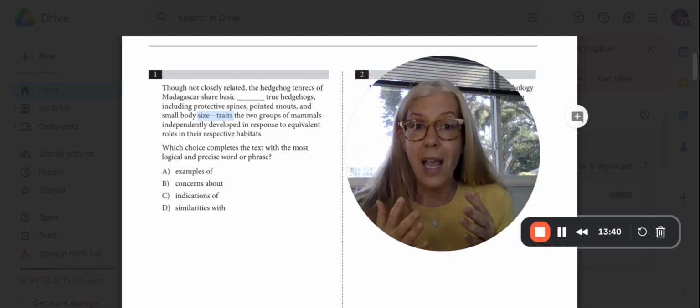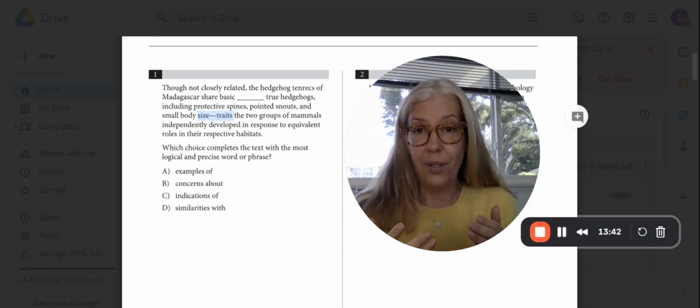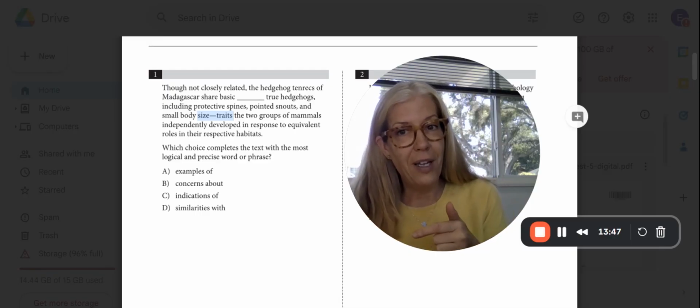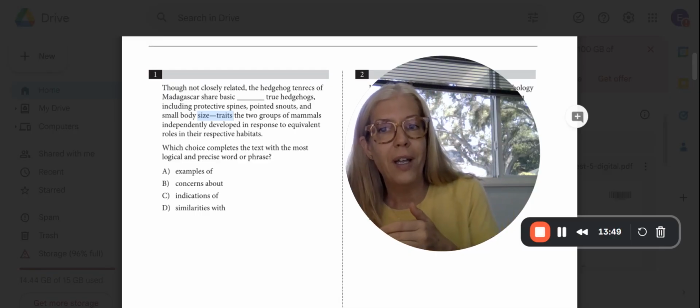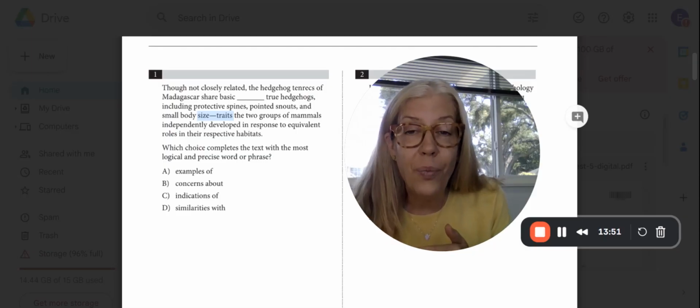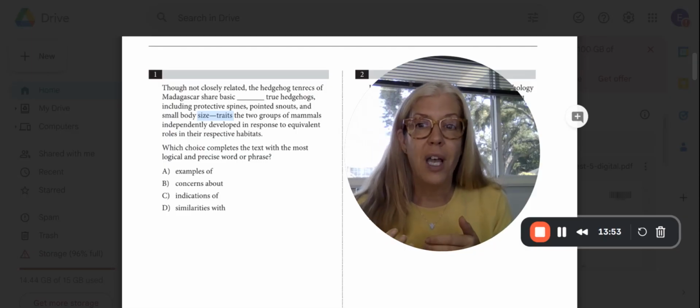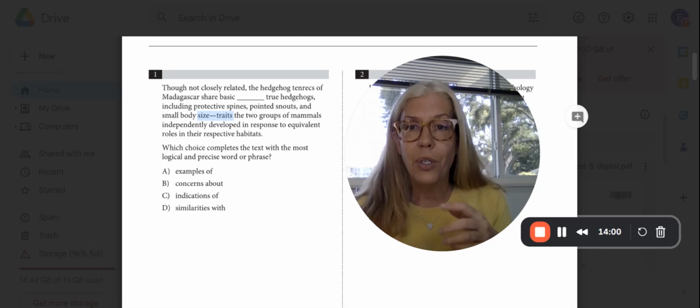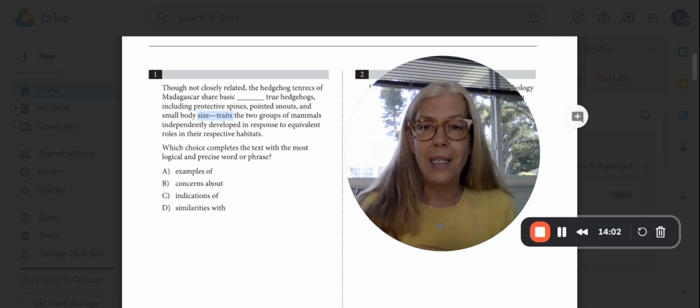And the M dash, if you notice, is yapping about what they just talked about before it, the subject just before it. And the subject just before it was true hedgehogs. They went in and gave a simple list so that we knew what the traits were of true hedgehogs: protective spines, pointed snouts, and small body size.